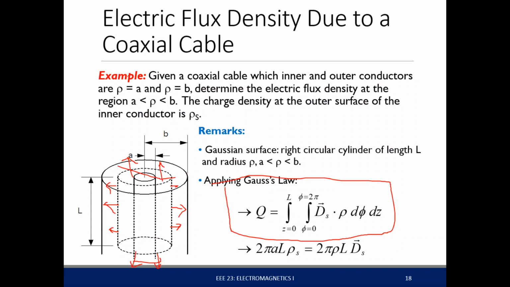So evaluating that, we get 2 pi rho L times D_s, where D_s is your electric flux density magnitude, which is equal to 2 pi A L times rho s. This is the total charge enclosed by this surface. Where did this come from?